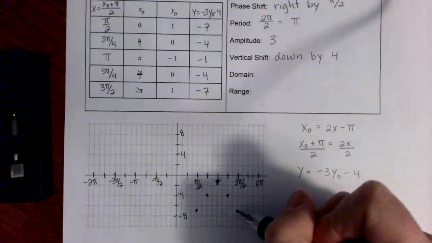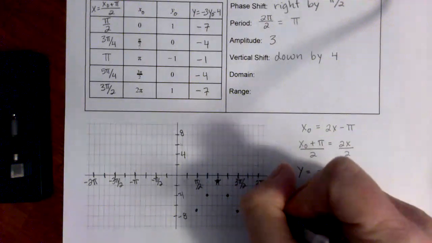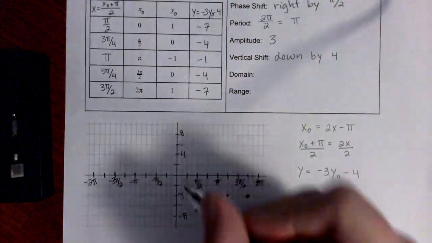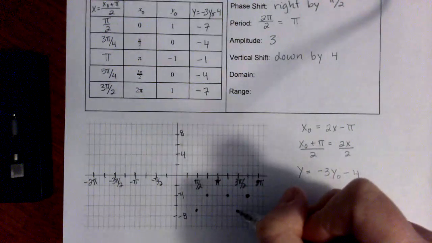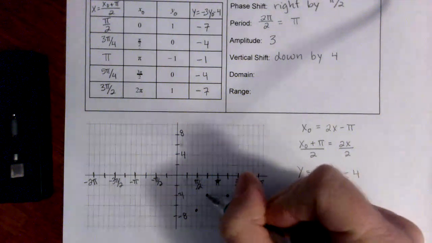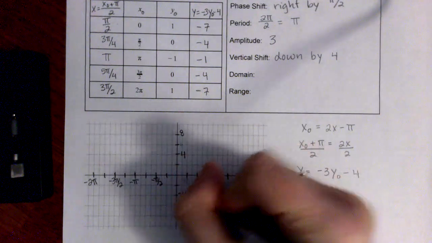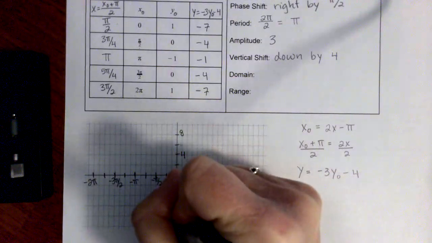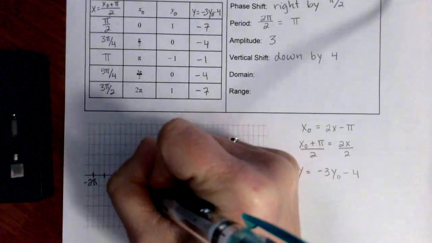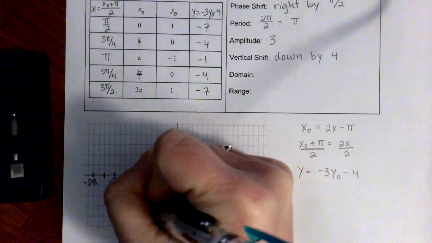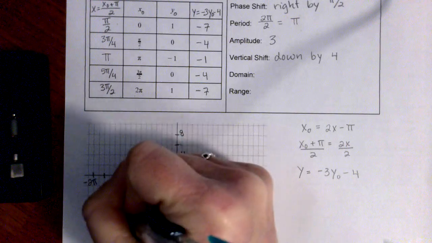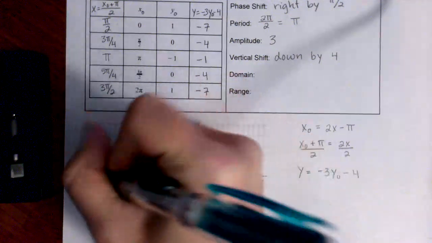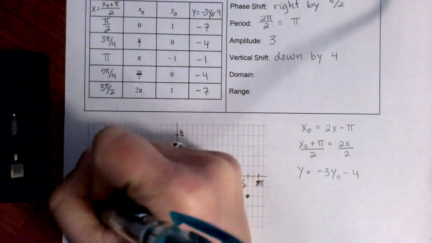So that same horizontal distance, I'm going back middle, then up, and then in the other direction, I'm going down, middle, up, middle, down, and so on.